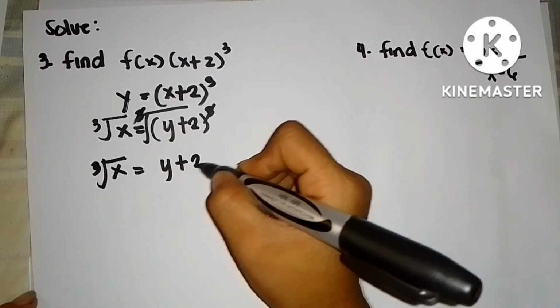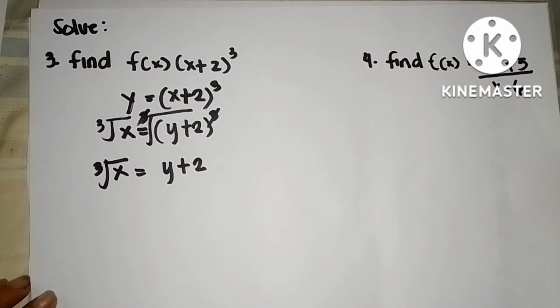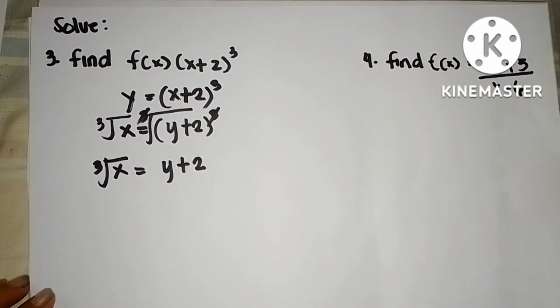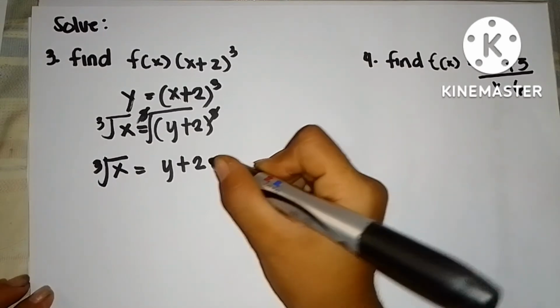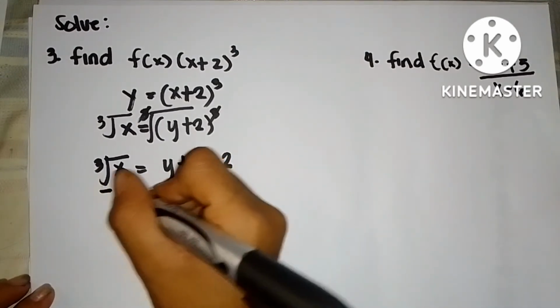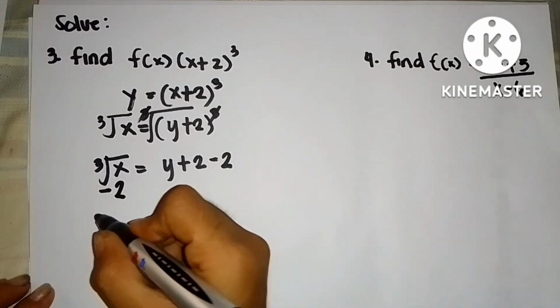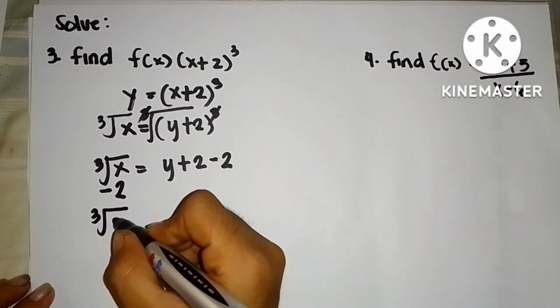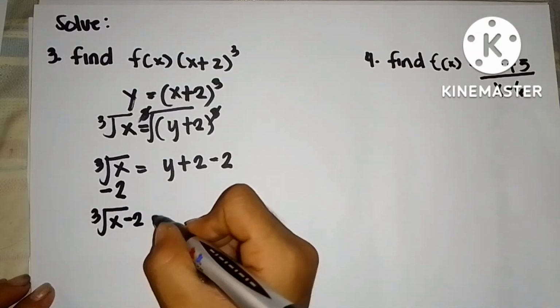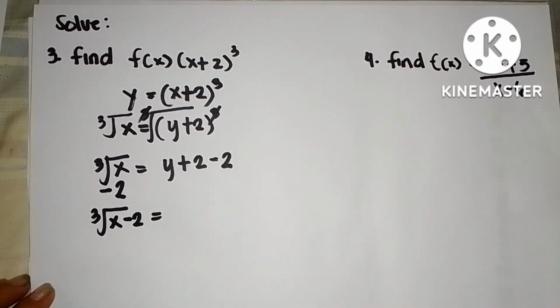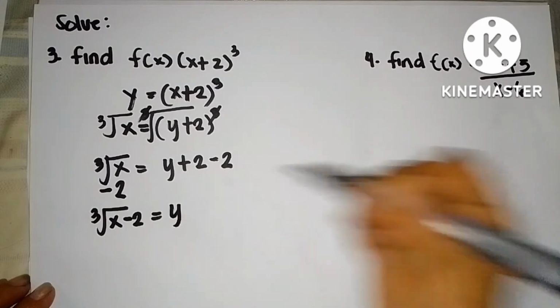And then for our additive inverse, we need to add both sides by negative 2. So this will become the cube root of x minus 2 equals, plus 2 minus 2 is 0, so the right side is y.